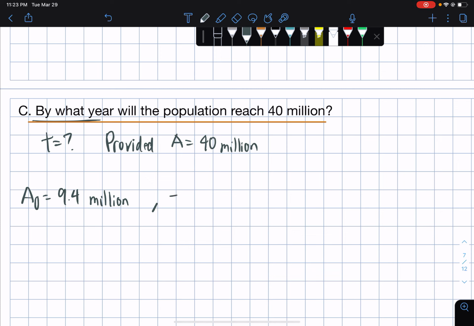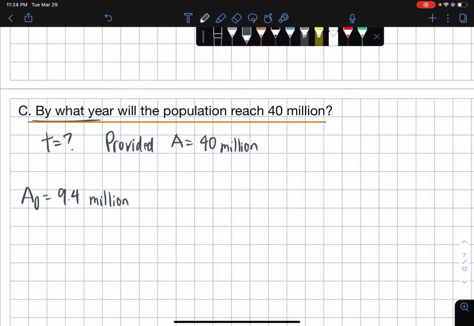And our t would be based on the year minus 1970. Actually, no. Just note that 9.4 million was the population of Mexico City back in the year 1970.